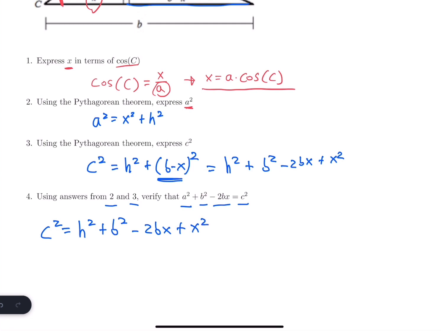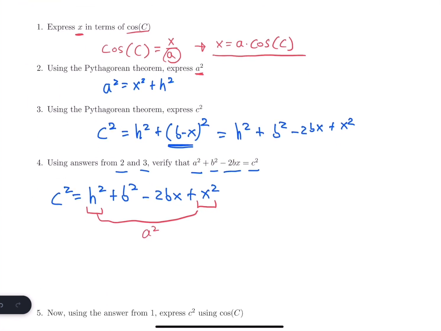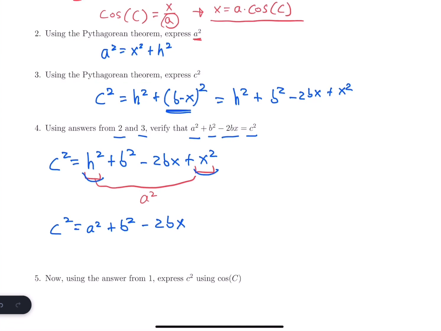But let's look here. We have h squared plus x squared, right? From step 2, it tells us that x squared plus h squared is the same as a squared. So instead of adding these two quantities, I can combine them as a squared.